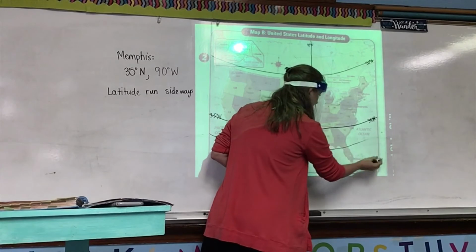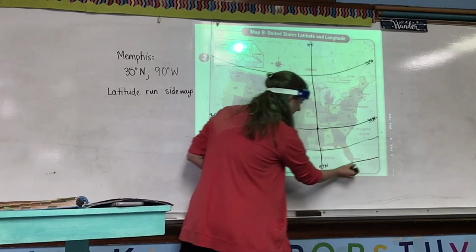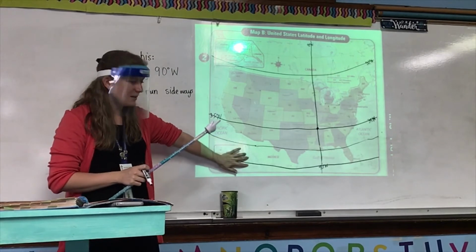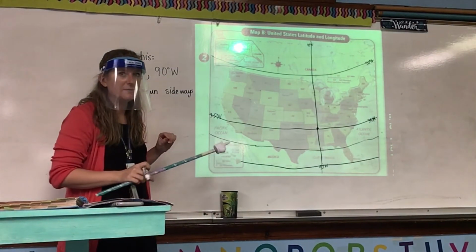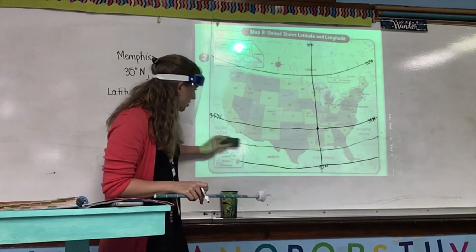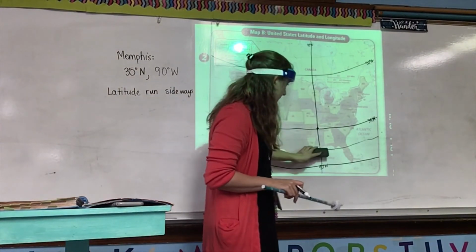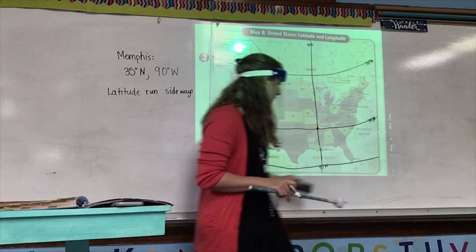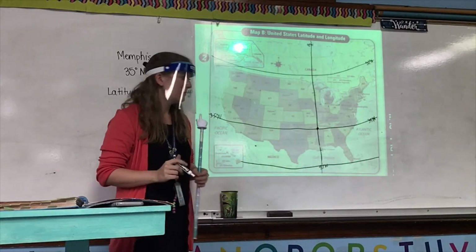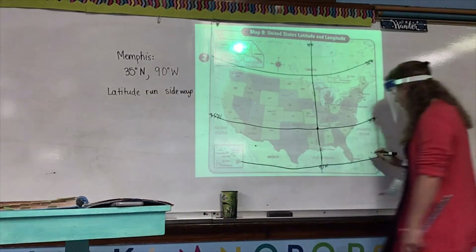This one right here or this one? Is it this top one right here or this bottom one? Aaron, the bottom one, which line of latitude is that? 25 degrees north.